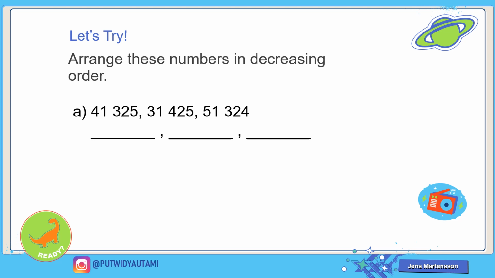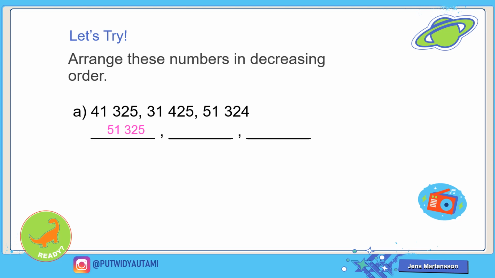Let's compare the digit in 10,000s. We get 4, 3, and 5. So, what is the biggest? 5. Yeah. So, we can write 51,324 is the biggest number.